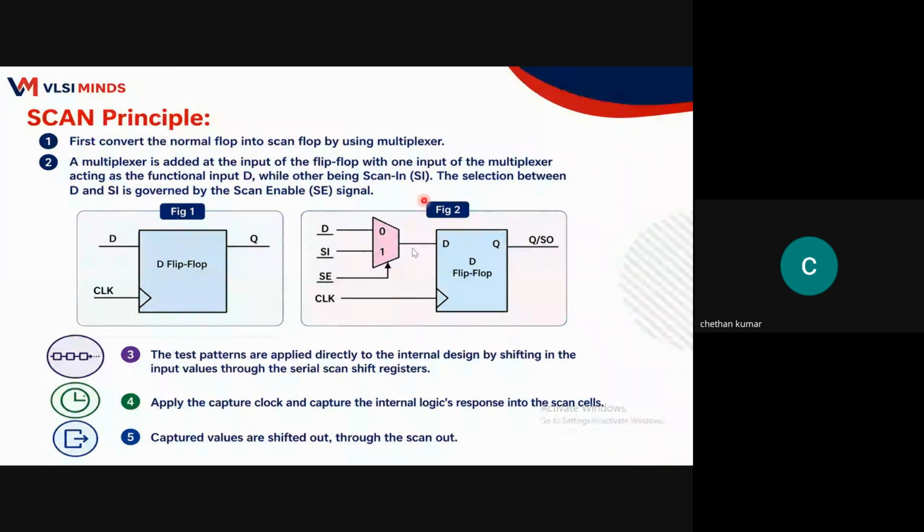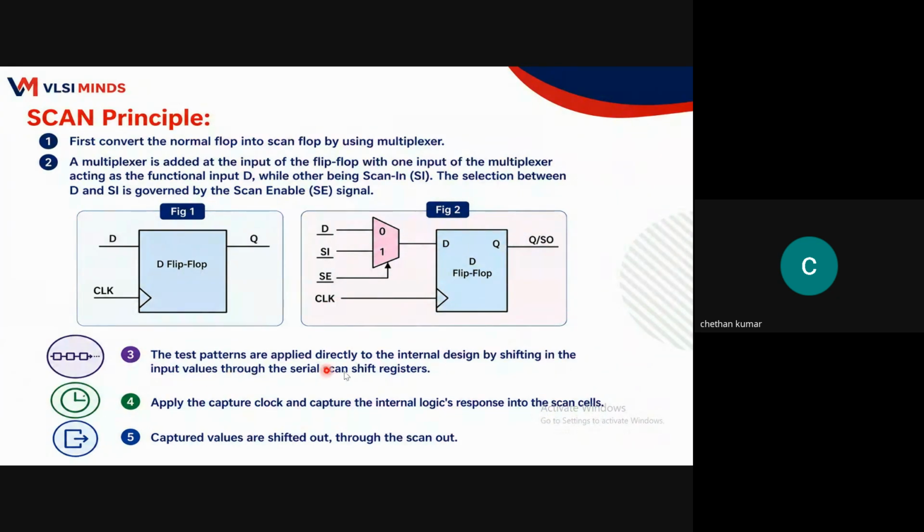Based on this operation, we can send known values to any of the internal nodes through the SI path when SE is equal to 1. When SE is equal to 0, it operates like normal functional mode. Normal functional mode means whatever D we are getting, that data will appear at the D flip-flop input, and that will appear at Q based on the clock.